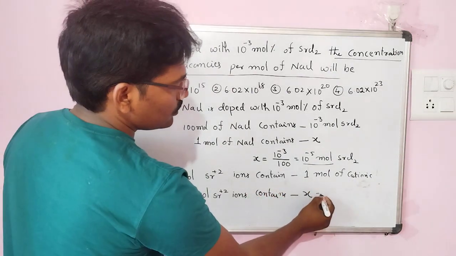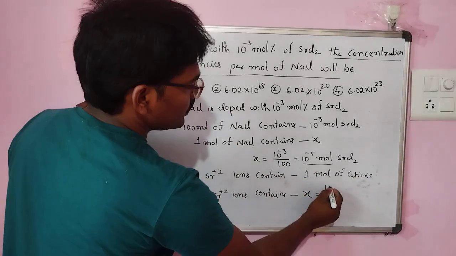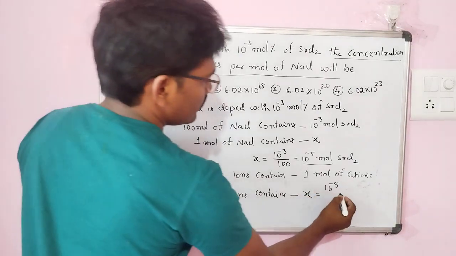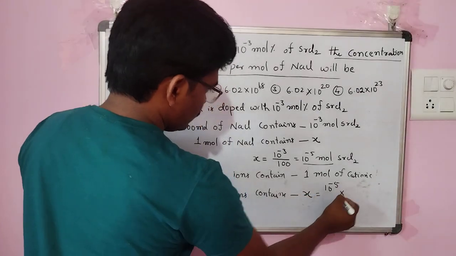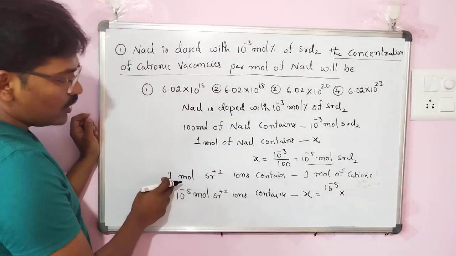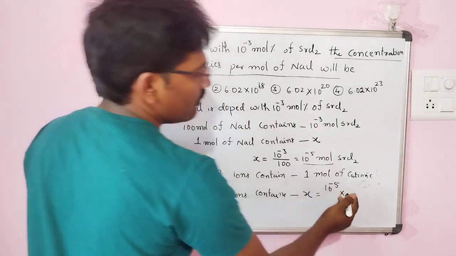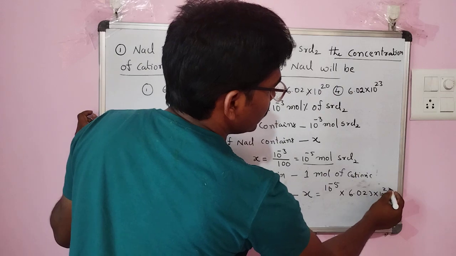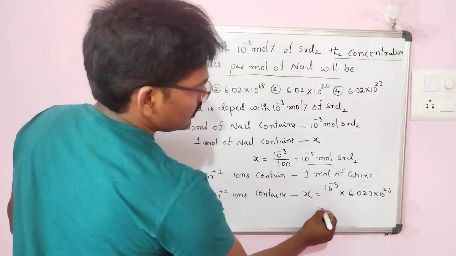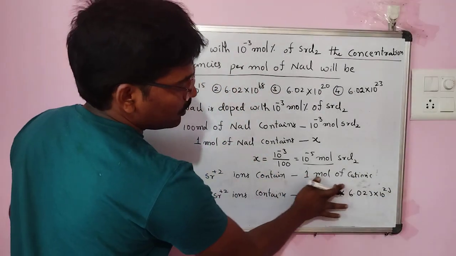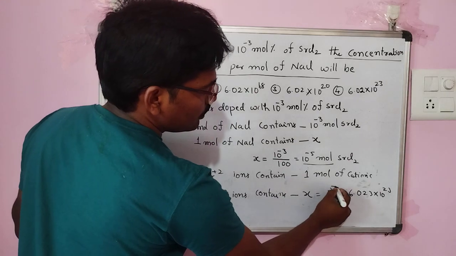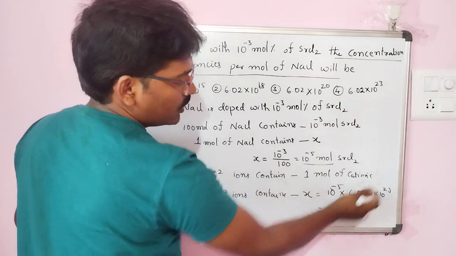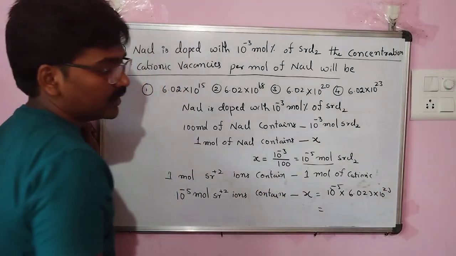Sir, 1 into 10 to the power of minus 5, into the Avogadro number. 1 mole is nothing but Avogadro number, 6.023 into 10 to the power of 23. So 10 to the power of minus 5 into 10 to the power of 23, then you get 10 to the power of 18.